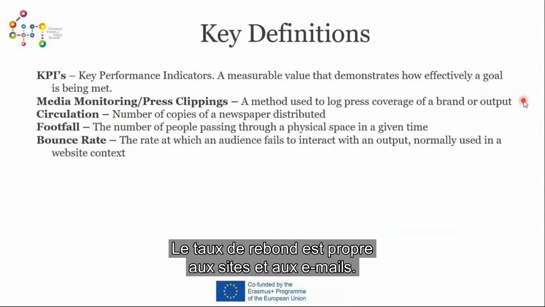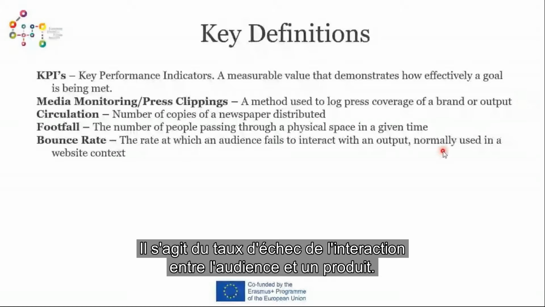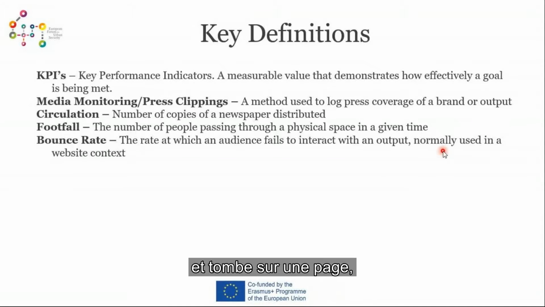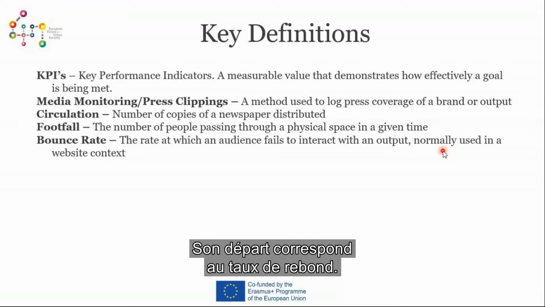Now this is quite specific to website contexts and email contexts, but it's the rate at which an audience fails to interact with a specific output. So on a website, it may be that someone has come to your website and they've landed on a page and they have failed to stay on that page for 30 seconds, for example, but they've left immediately.